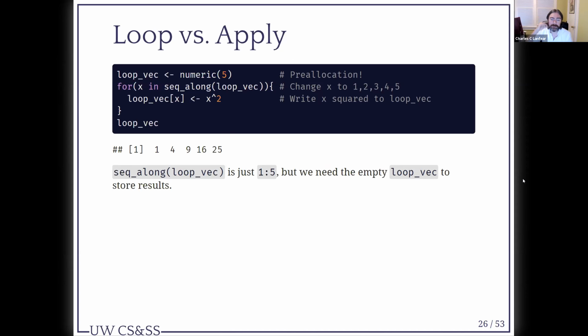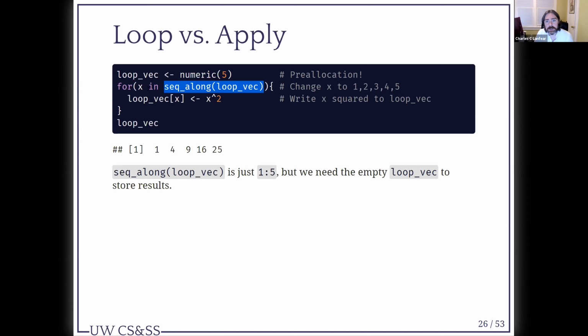Here's an example. Let's say I have a simple loop here where I'm going to pre-allocate an empty vector of length 5. I say loop_vec is an empty numeric vector of length 5. And all I want to do is fill this thing up with the squares of their index. So this is basically saying seq_along(loop_vec). This is a length 5 object, so this creates a vector 1, 2, 3, 4, 5.